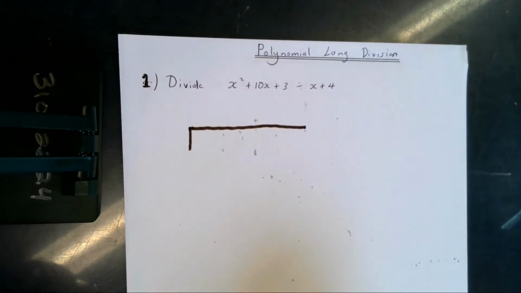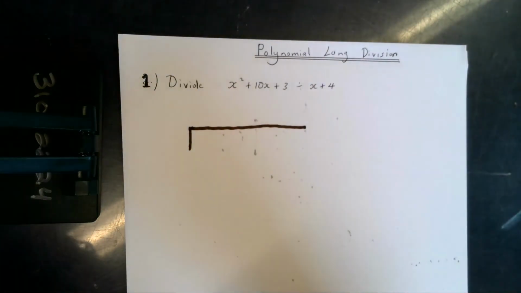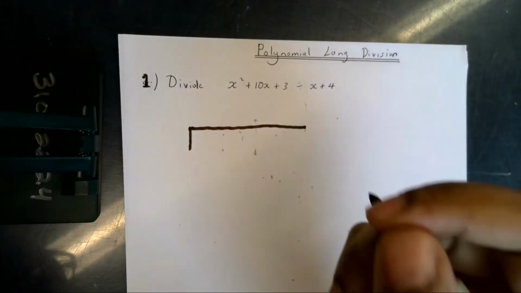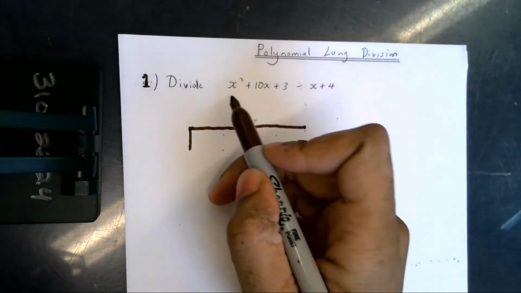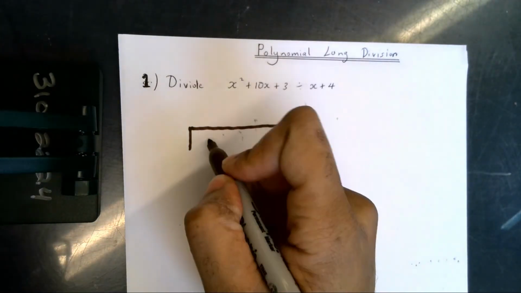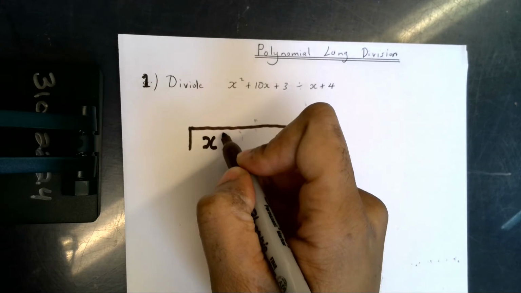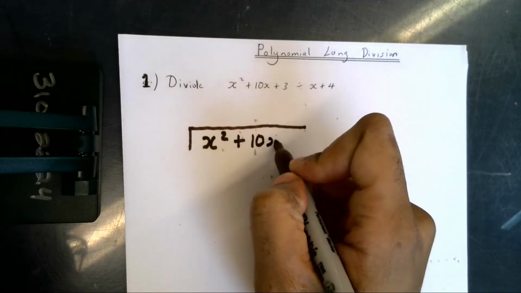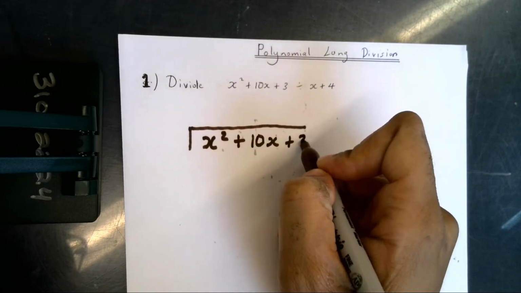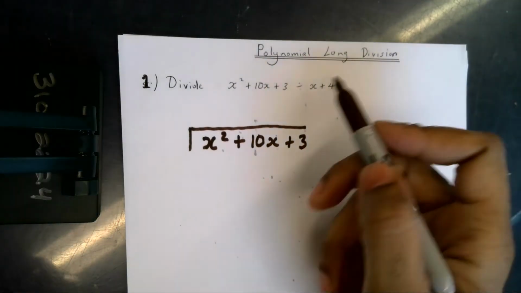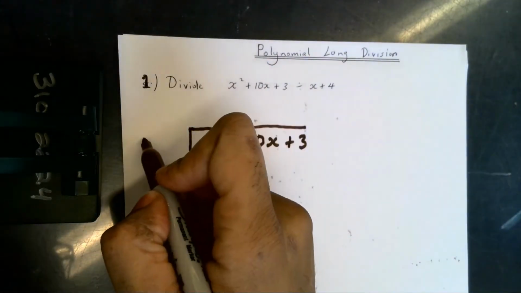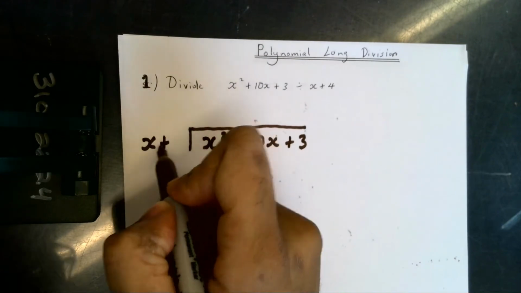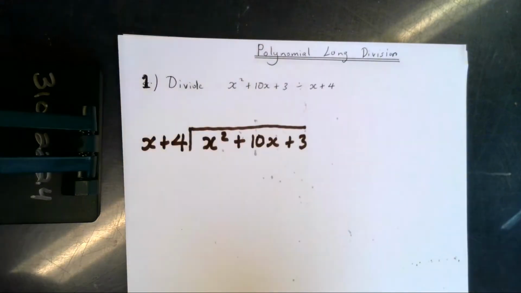Step 1, I'm going to draw a division box. Step 2, I'm going to write the first expression inside. And our second expression goes on the outside.